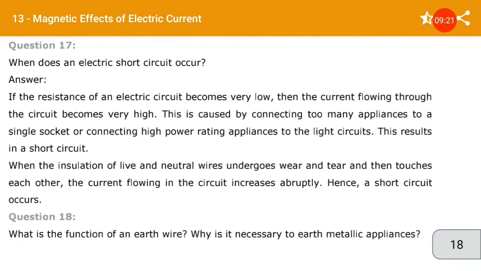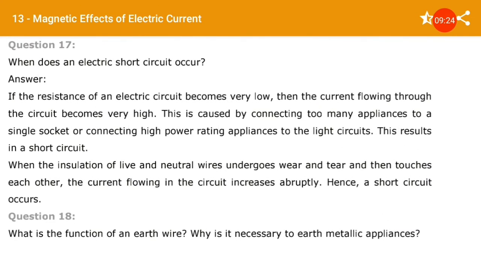Now the next question, when does an electric short circuit occur? If the resistance of an electric circuit becomes very low, then the current flowing through the circuit becomes very high. This is caused by connecting too many appliances to a single socket, or connecting high power rating appliances to the light circuit.